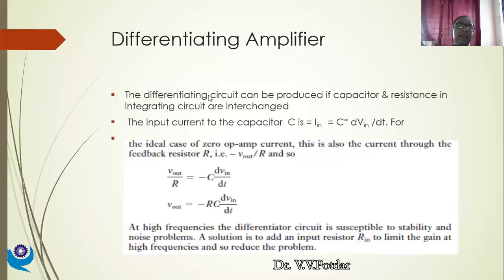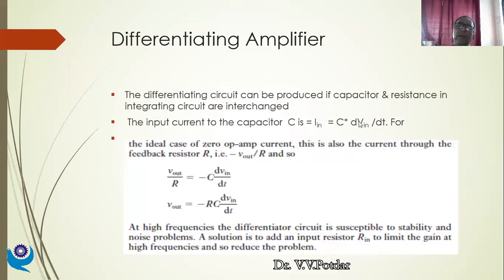Let us write down the equation for the differentiating amplifier. The differentiating circuit can be produced if the capacitor and resistance in the integrating circuit are interchanged. The input current to the capacitor is I in equal to, as I just told, C into dV in by dt.